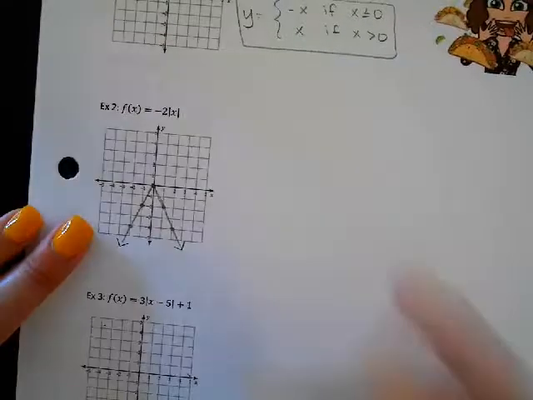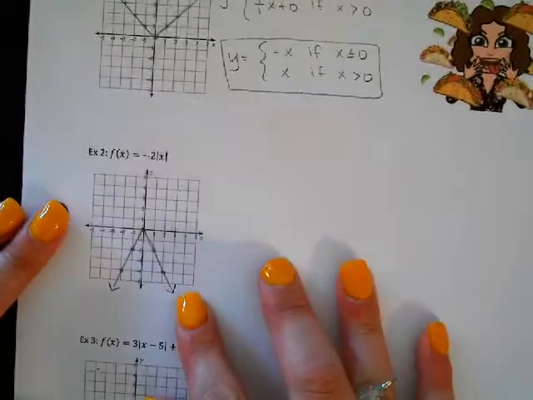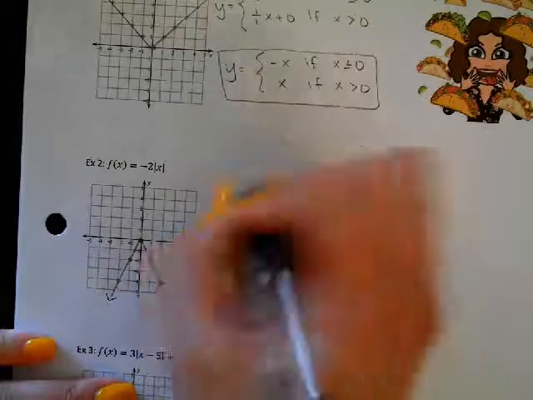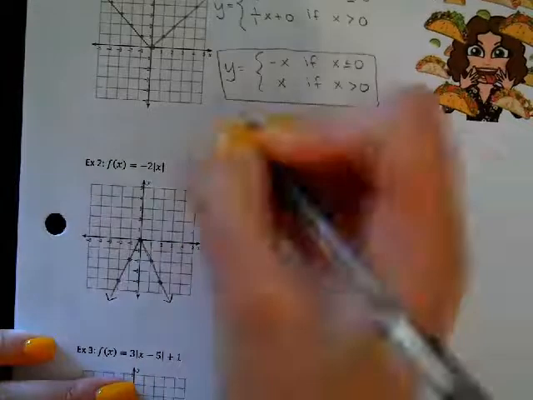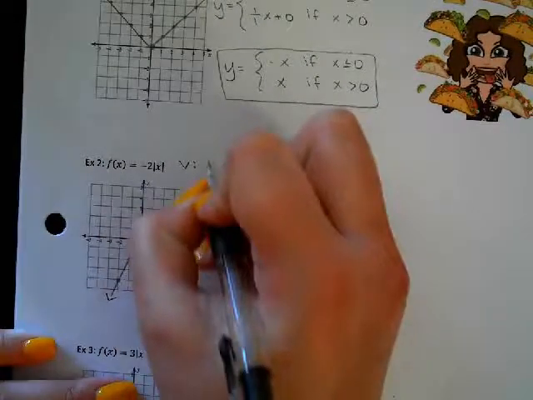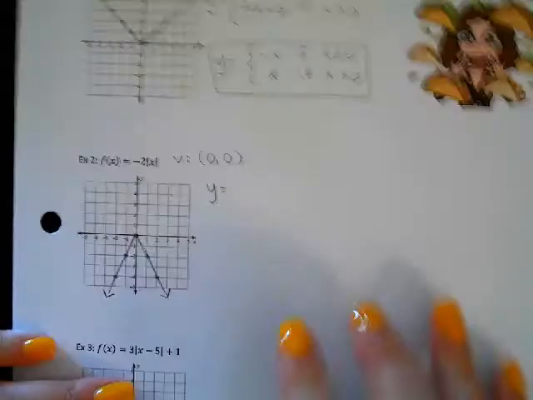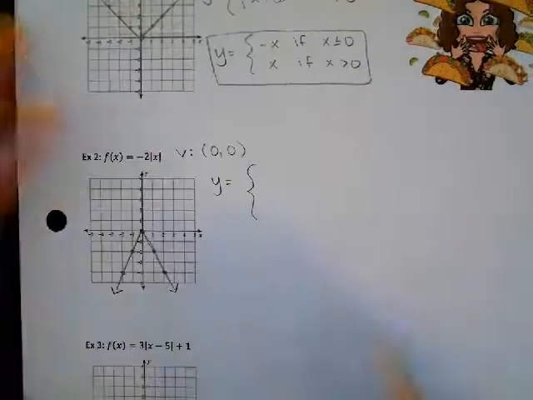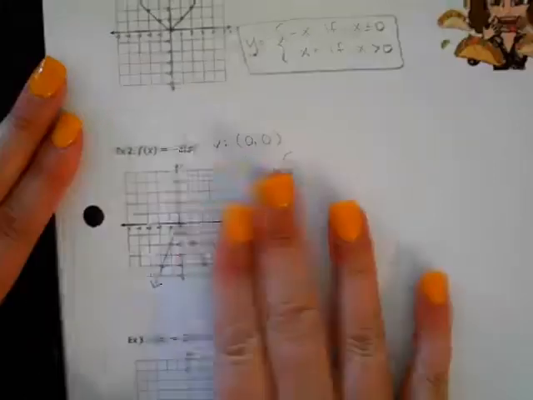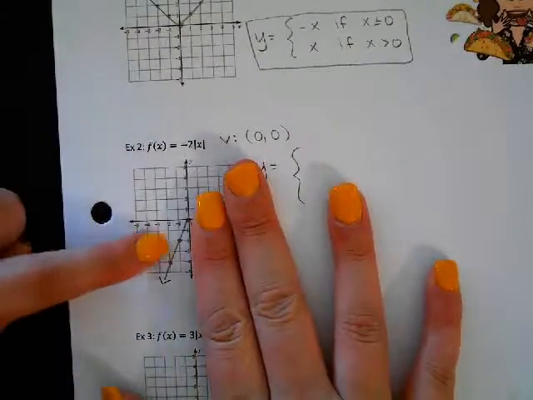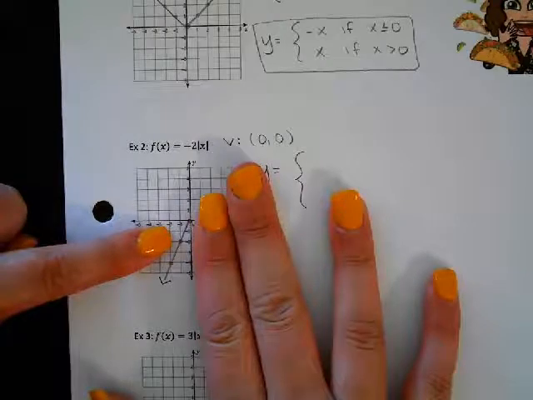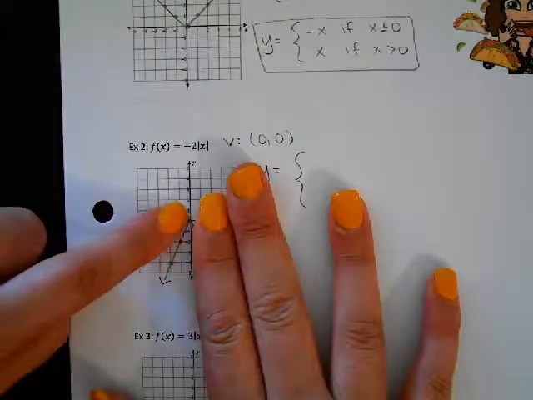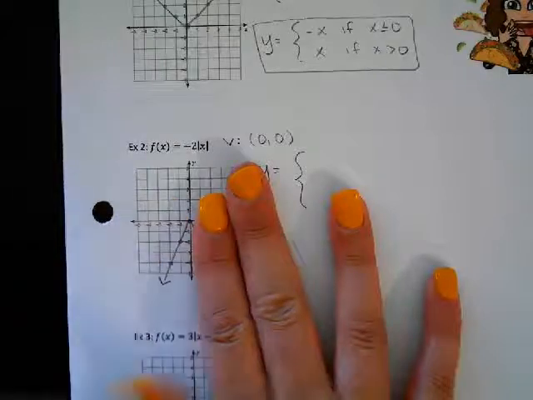All right, so let's go ahead and write this piecewise function down. So for the left side, we have y equals, let's write the vertex. Vertex is 0, 0. The slope on the left side this time is a +2. So we have up 2 over 1, up 2 over 1, but we still have the y-intercept of 0.